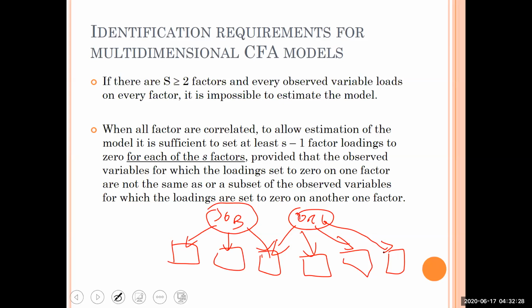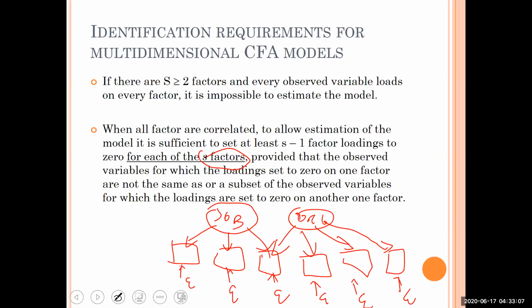Is this model identified? Well, you have to check the identification rule here. So you need to have at least S minus 1 factor loadings set to 0 for each of the S factors. So there are 2 factors here. Therefore, S minus 1 is 2 minus 1, which is 1. Therefore, I need to have at least 1 factor loading of 0 for each of the factors.